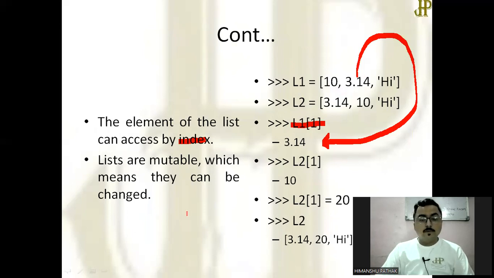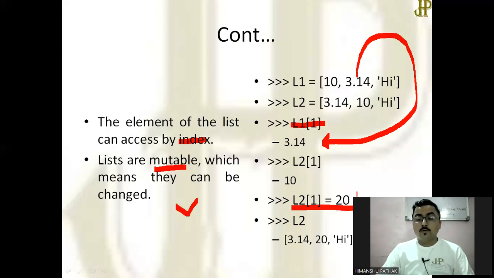Now, the next property is that lists are mutable. Mutable means you can modify the existing value of the list. So here I am going to try to change the value at the 1st position of L2. The 1st position of L2 is 10.